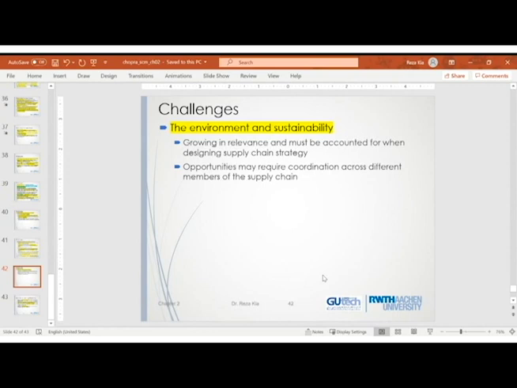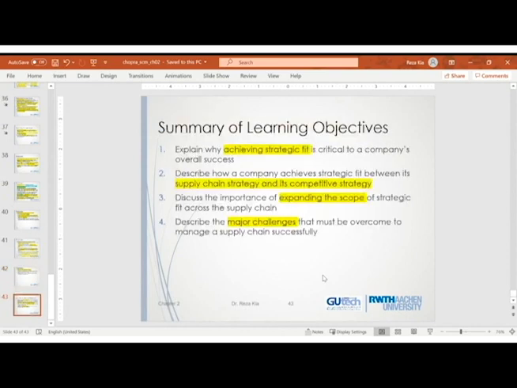If you are concerned about the environment and humanitarian issues, it means that your supply chain is going to be sustainable. Previously, maybe 20 or 30 years ago, the main goal was just reducing cost. But nowadays, you can see even in the news that green concern is getting more attention from supply chain designers.